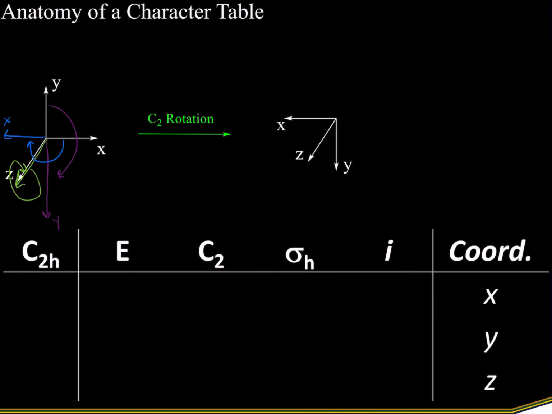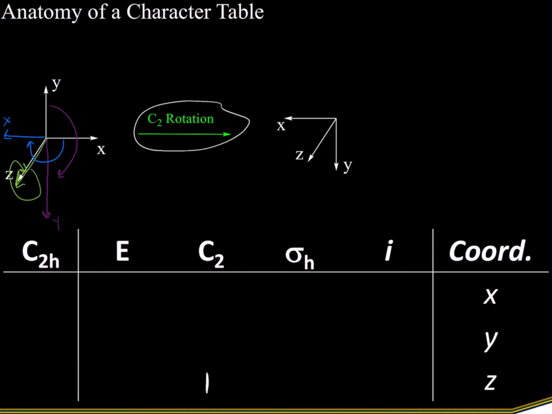Now, the fact that they are pointed in the opposite direction means that the symmetry of this axis has changed. So when we're assigning these characters, we're looking at the operation, in this case our C2, and asking ourselves, what happened to my coordinate? If my coordinate stayed the same, if it remained unchanged, it gets a 1. So in this case, z is the only thing that gets a 1 for our C2 operation.